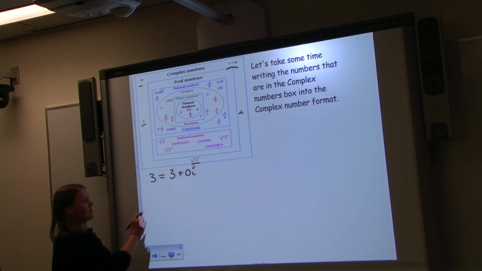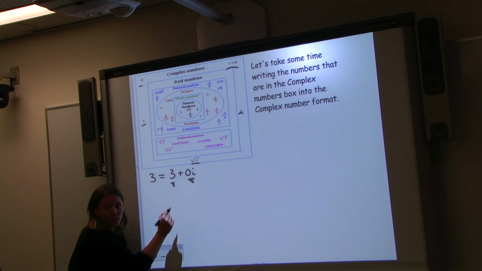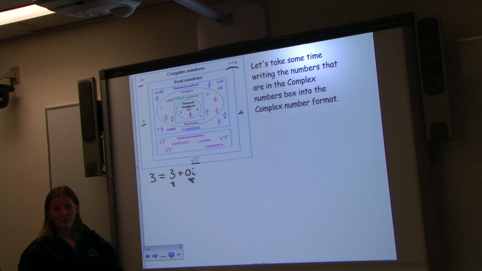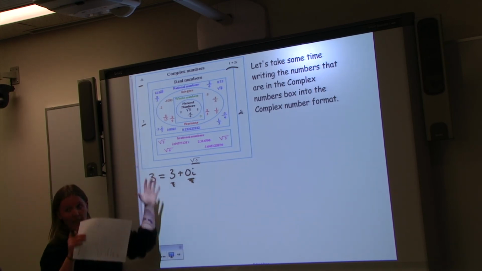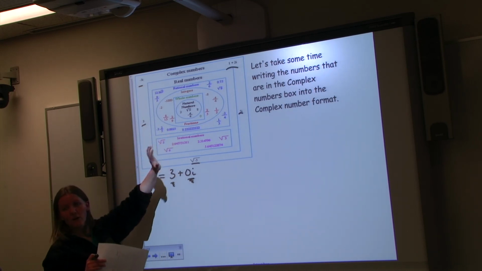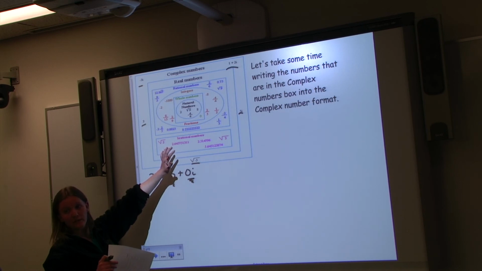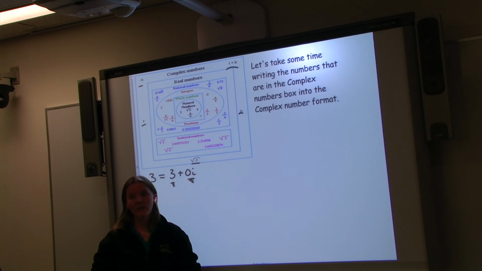There still is. This is your real part, and this is your imaginary part, but it doesn't exist. So would that make it just a regular real number? Right. And that's why complex numbers are on the outside, because you can write any of these numbers on this chart as a complex number. So all real numbers are complex numbers, but not all complex numbers are real numbers. Exactly.